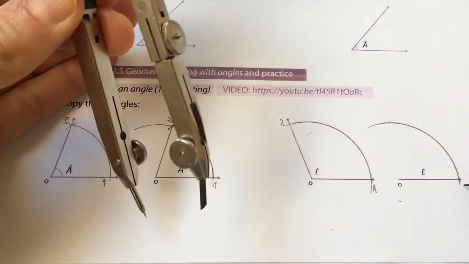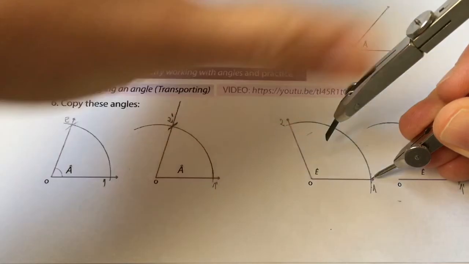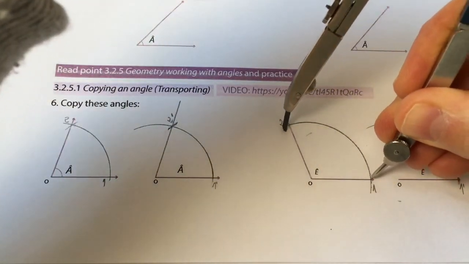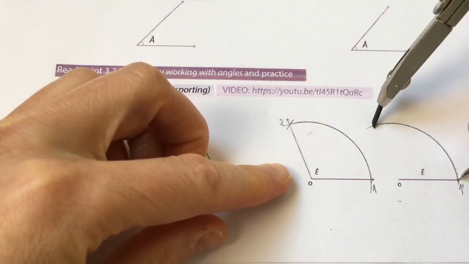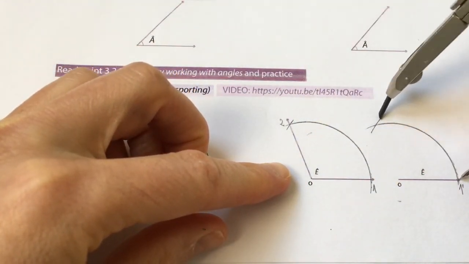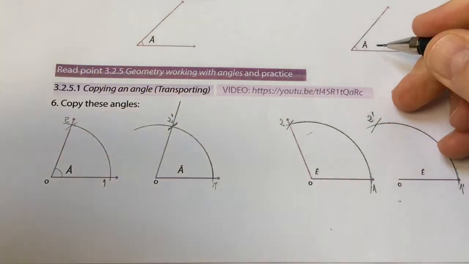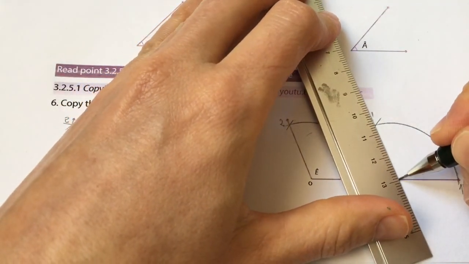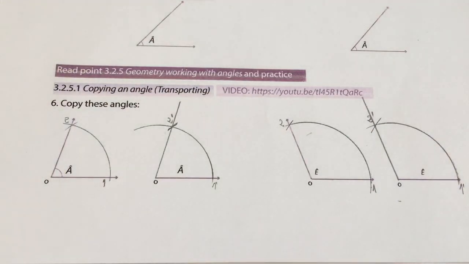This is already point 1 prime. Measure the chord of the arc, that is, measure the distance between 1 and 2, and then draw an arc from point 1 prime that intersects the previous arc. This is point 2 prime. Connect the vertex of the angle with point 2 prime, and this is angle E, copied or transported.